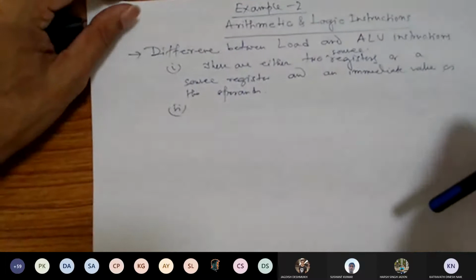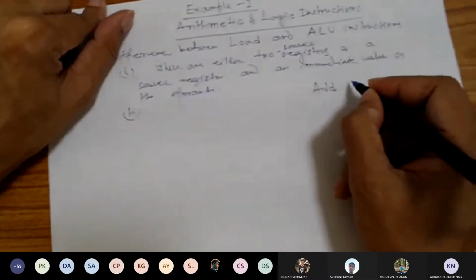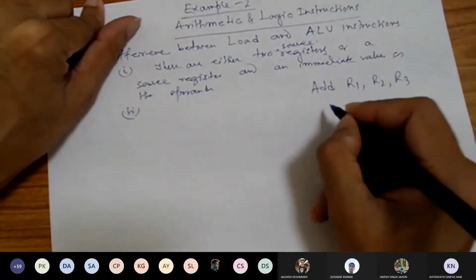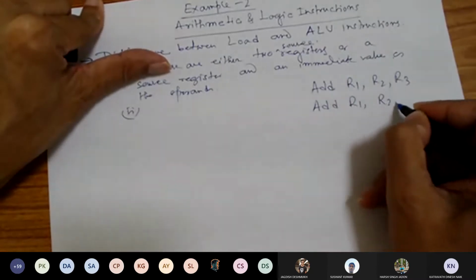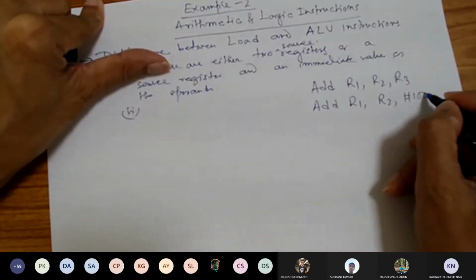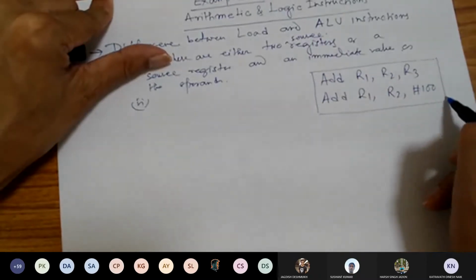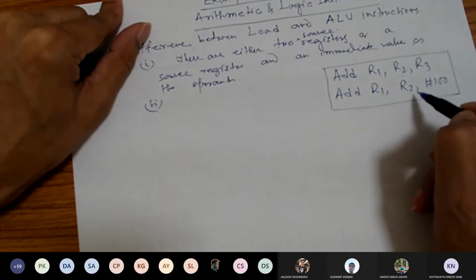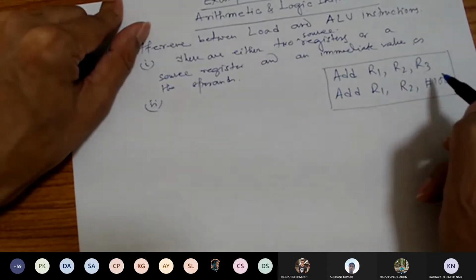For an instruction like this, my instruction is now like this: add R1, R2, R3, or add R1, R2, 100. These are the two instructions. Here two source registers, here one source register and one immediate value. That's why we have understood the basic difference.